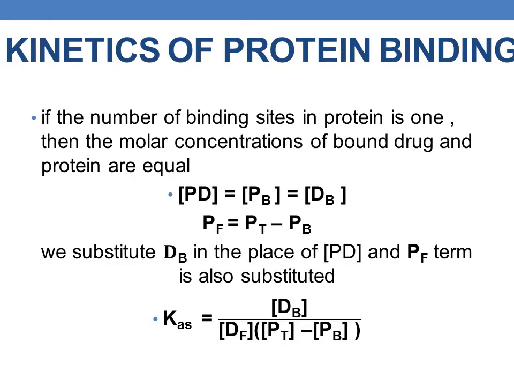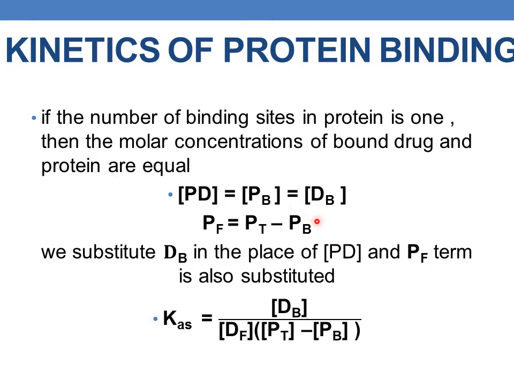Now we also know that if a protein has only one binding site, then the molar concentrations of bound drug and bound protein are equal. If a protein has only one binding site, then Pb is the bound protein and Db is the bound drug, and both are equal.